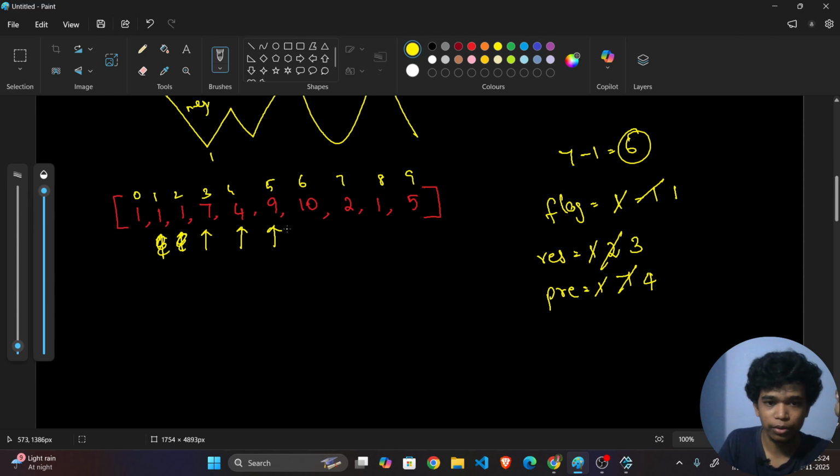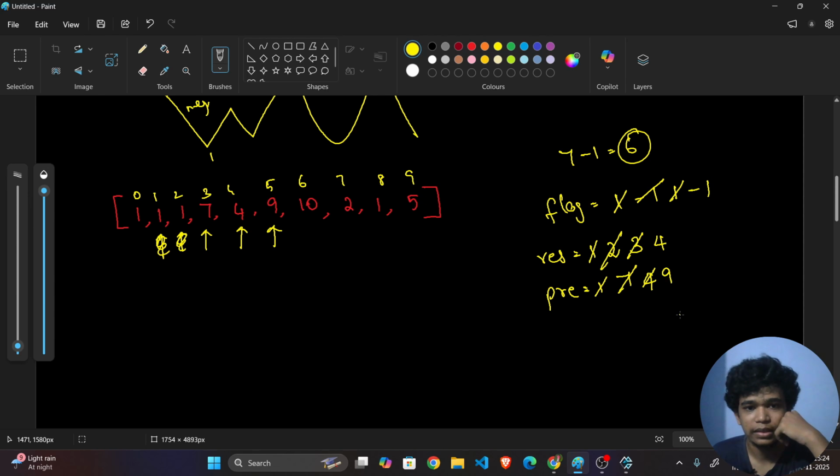Now go to 9. Now 9 is greater than 4, which means it is an increasing curve. Now I will be making my result 4 and my previous value 9, and the flag variable will be -1. Can you understand this? Yes.